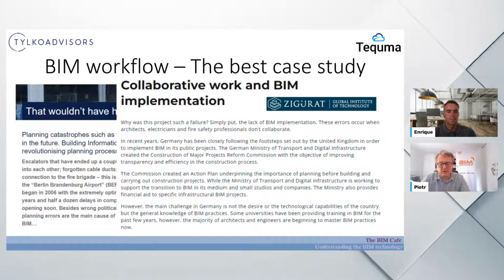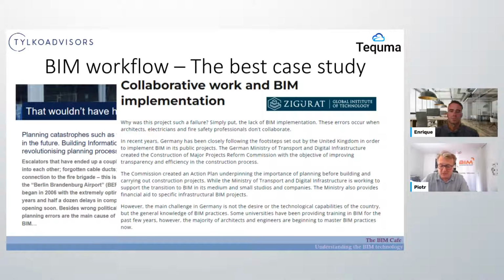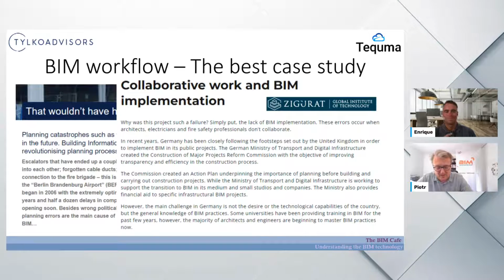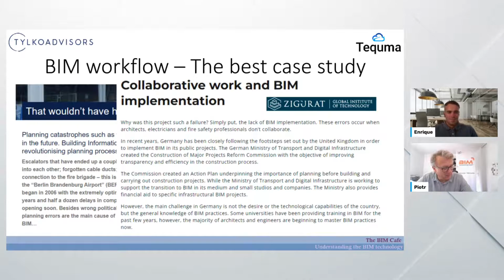Yeah, but it's never black or white, right? I think that right now some of the companies who are just providing the BIM solutions try to convince people that if the Berlin airport had the BIM systems, it would have been efficient. But I think this is what you said before, Enrique.